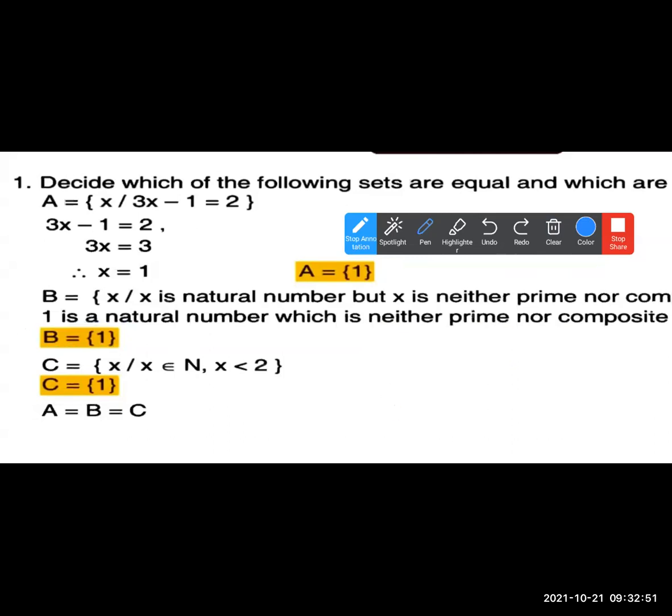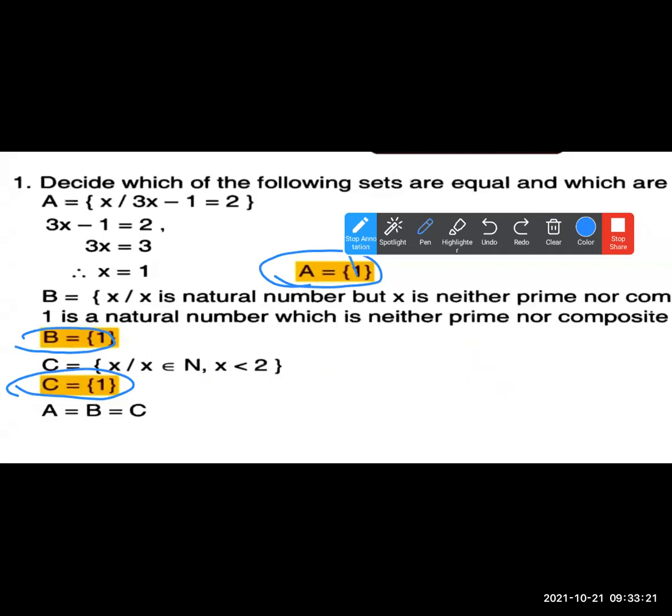Okay. So the next question is C is equal to the set of all x such that x belongs to natural numbers, x is less than 2. A natural number which is strictly less than 2 is only 1. So set C also contains only one element, that is 1. So set A contains 1, set B contains 1 only, and C contains only 1.